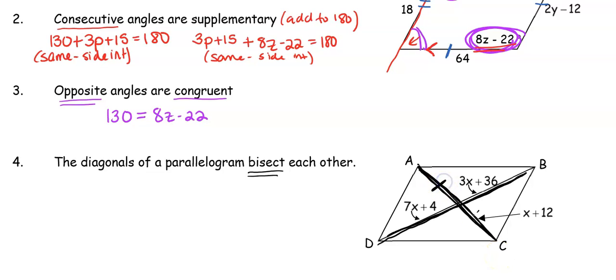So it's going to bisect, cut that diagonal into two congruent pieces. It also cuts this diagonal into two different congruent pieces. So that would be 7x plus 4 is equal to 3x plus 36. All right, so we're going to set up those equations to represent how I would work with that property.